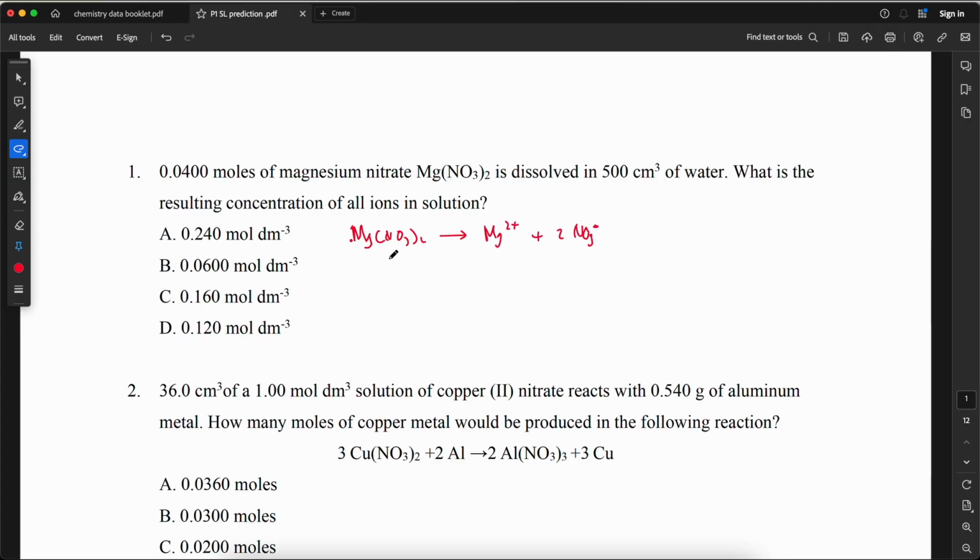So moles and volumes are known, so we can calculate concentration, which is n divided by V. So 0.04 divided by 0.5, you get 0.08, and we've got 3 moles of ions here, so times 3, then it will be 0.24. So the answer is A.